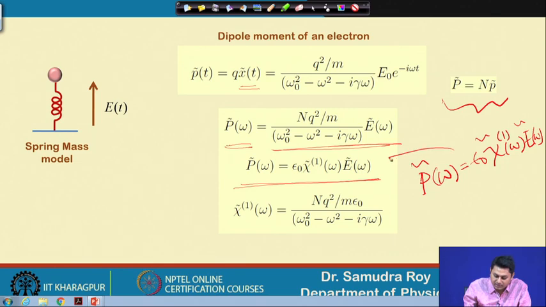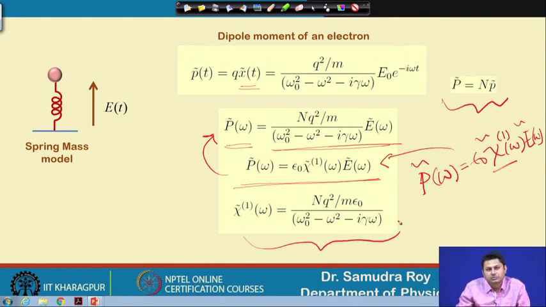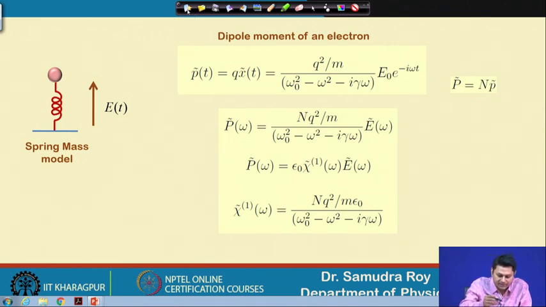Exactly the same equation is used here, so that I have a relationship between P and E. Once we have it, I can compare the two to find the expression of chi, the first order susceptibility, which turns out to be n q square divided by m epsilon 0, and the whole divided by omega 0 square minus omega square minus i gamma omega.